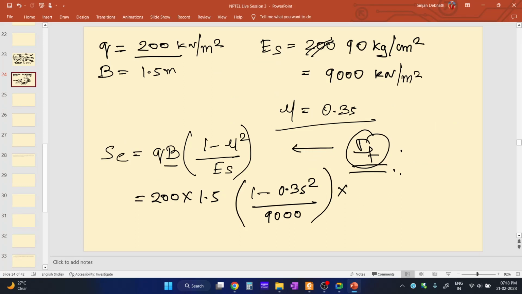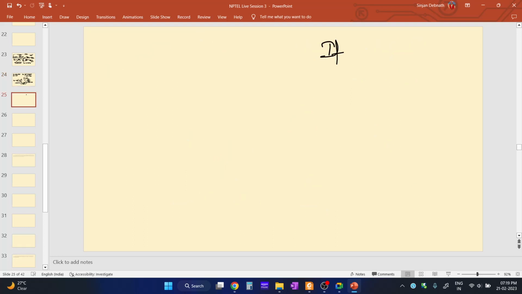So here first I will incorporate 1.12 for the flexible foundation, and after that we will incorporate the influence factor for the rigid footing, that is 0.8. The IF value, the influence factor for rigid footing, is approximately 0.8. We'll incorporate that over here.